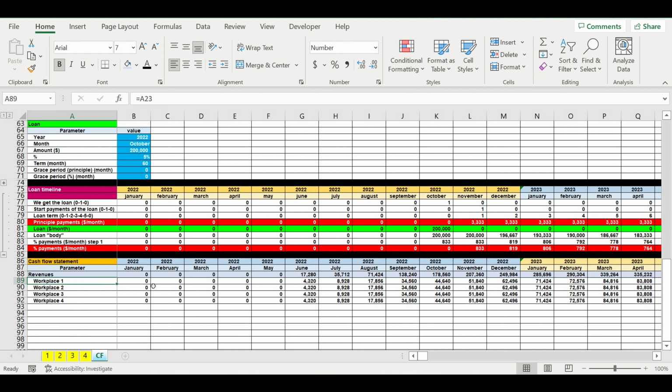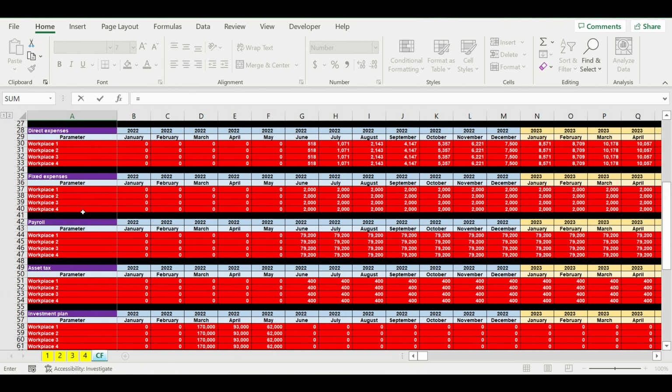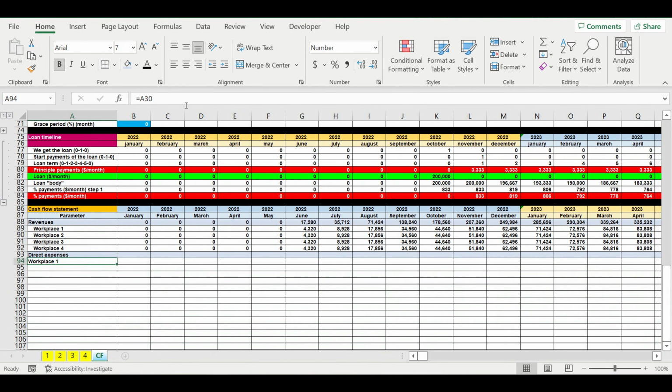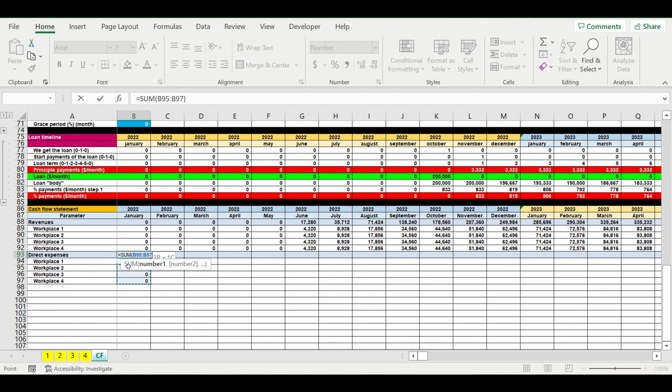Then we are moving to direct expenses. We are taking direct expenses from here. Here we're creating totals for direct expenses.